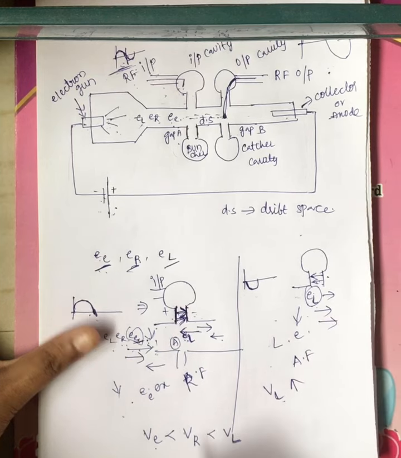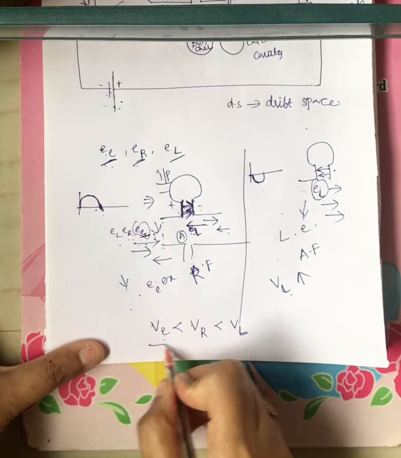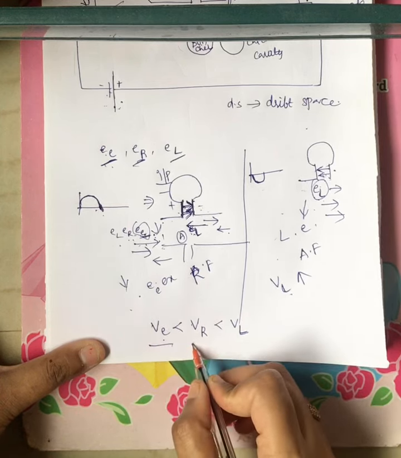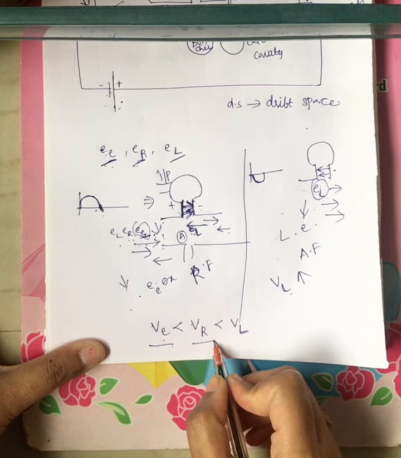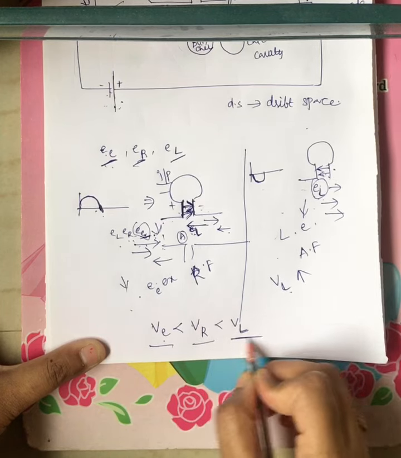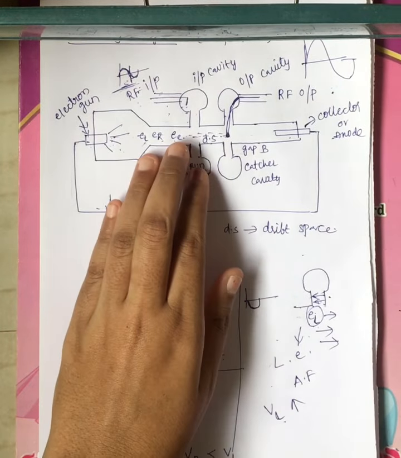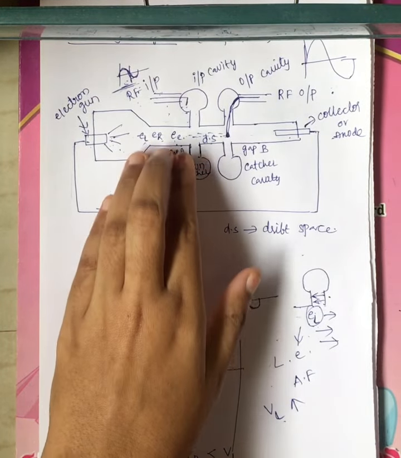It increases, right? So the velocity of the early electron, because it experiences resistive force due to the direction of the electric field, is less than the velocity of the reference electron, which is less than the velocity of the late electron. This is not only for these three electrons, but for the whole beam of electrons, right?